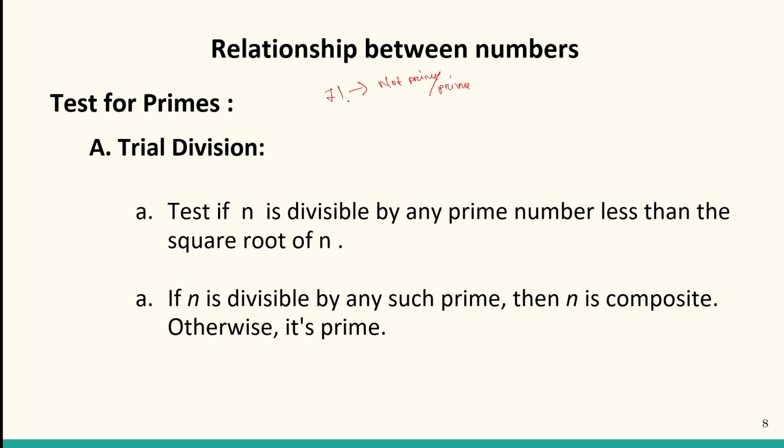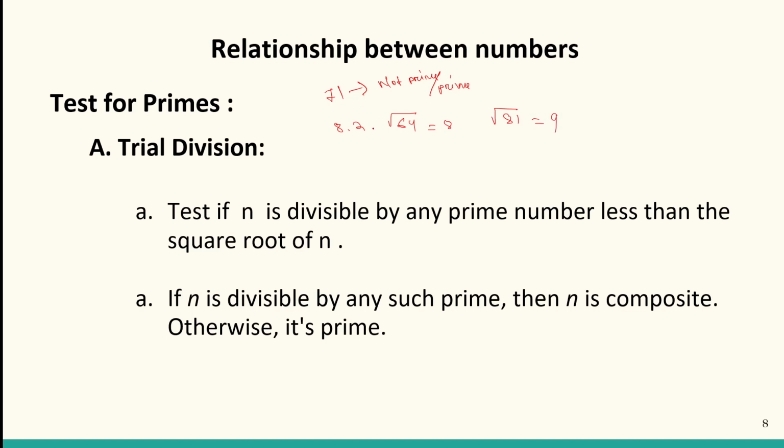If we find the square root of 71, it will be around 8.2. Because the square root of 64 is 8, and the next perfect square is 81, whose square root is 9.